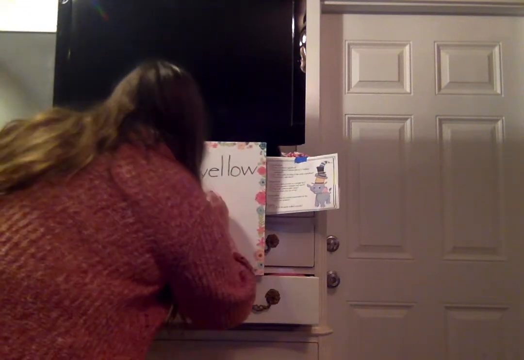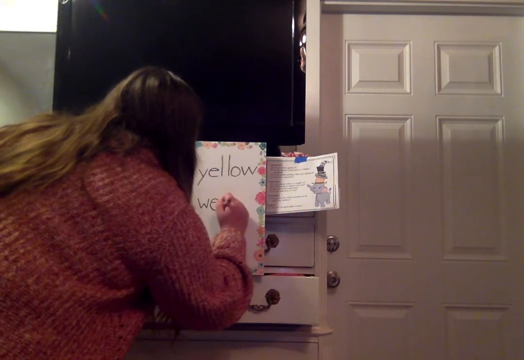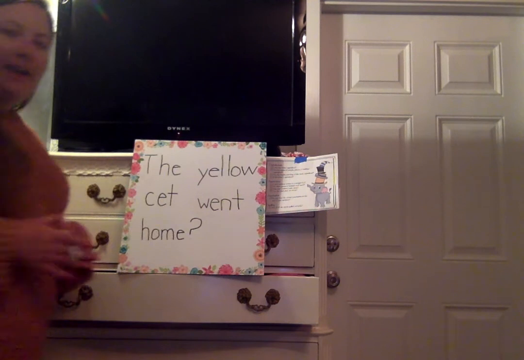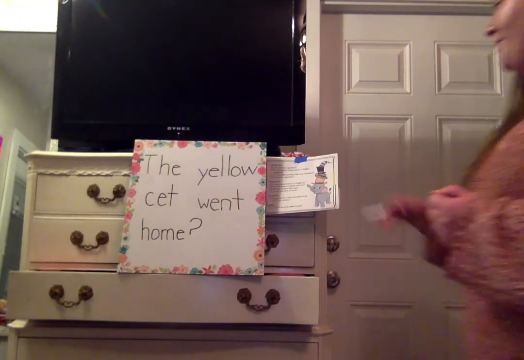So I need to change that. The yellow cat went home. See how it's in a straight line now? So the yellow cat went home. Now everything's in a straight line.